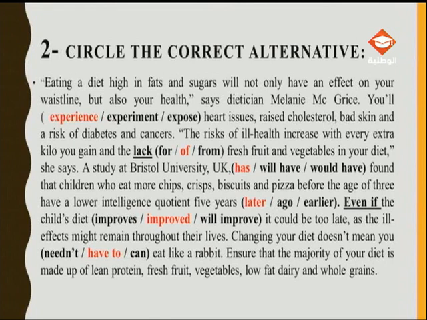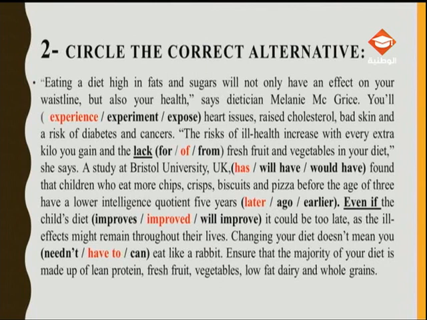Even if the child's diet improved or will improve, it could be too late. It could be too late. We have two keywords, in fact. The first is even if, it means in the case that, and the second is it could be.